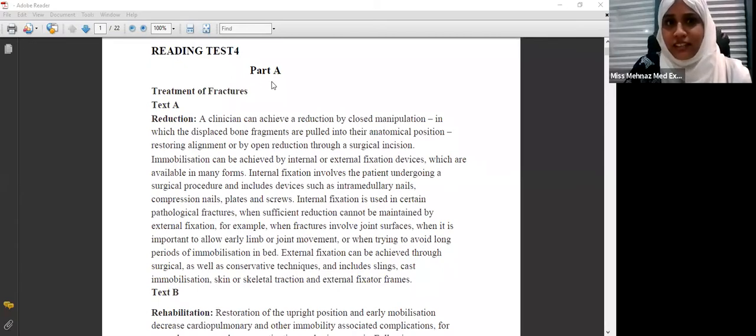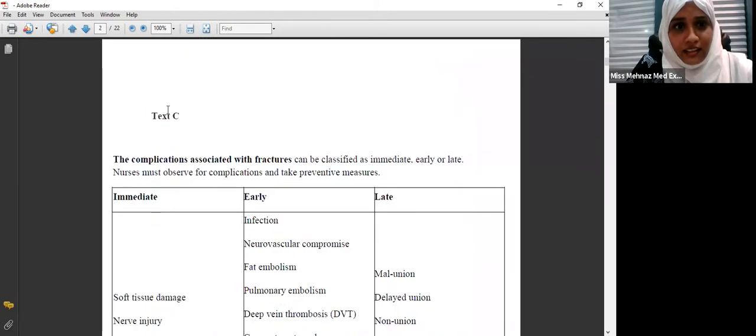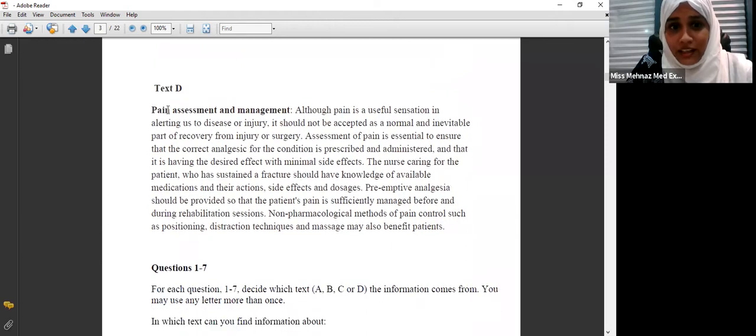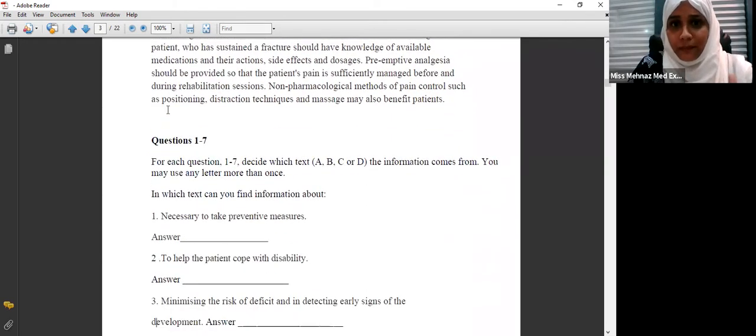Okay. As you can see, this is part A and this is how it is. There are 4 different texts, as I've told you: text A, text B, text C, and text D. As I've explained earlier, first you need to match. These are the headings. Is this text from text A or B or C or D?